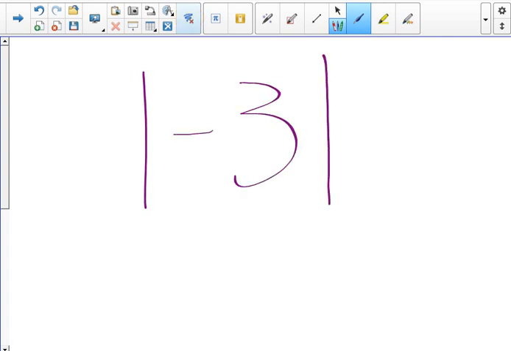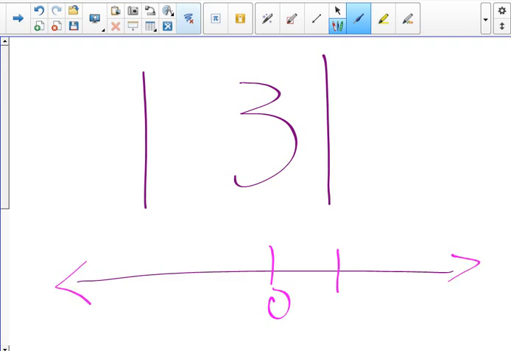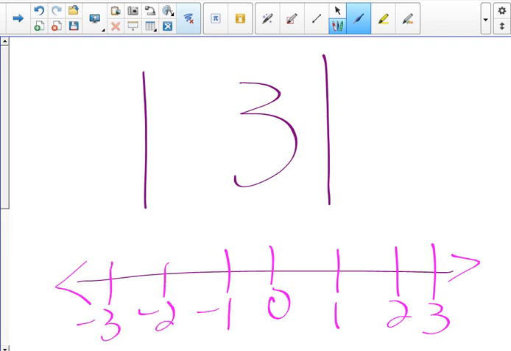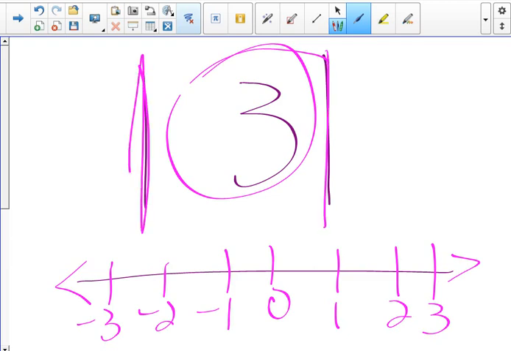So if I ask you, actually let's just start with a positive. If I give you a number line, it goes on forever and ever, and I have 1, 2, 3, and -1, -2, -3. If I ask you to show me the absolute value of 3, it means how far is this number 3, which I'll mark right here in blue, from 0?